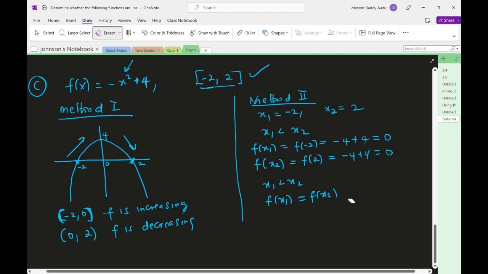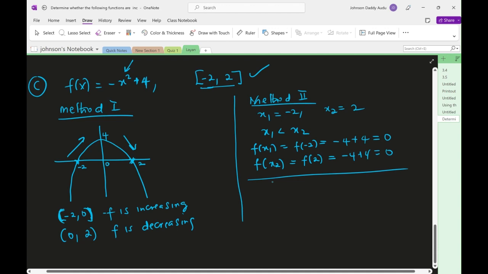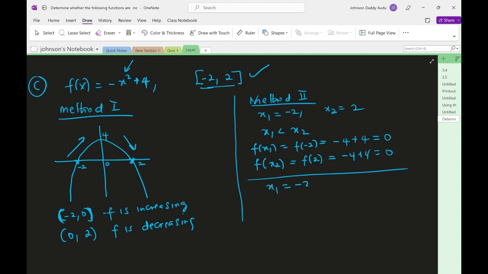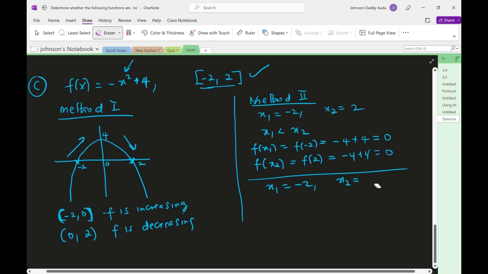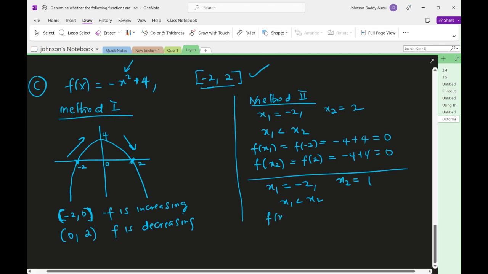And another problem is even this one. Now let's see. Let's assume we take x1 to be -2, and we take x2 to be not 3 but 1. We agree that x1 is less than x2. But what is f of x1?